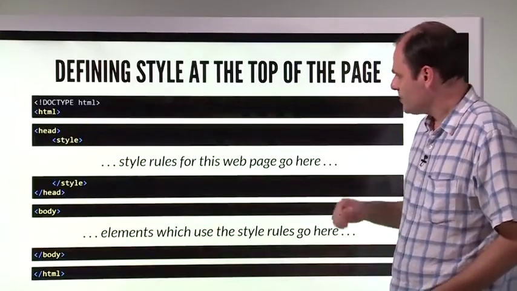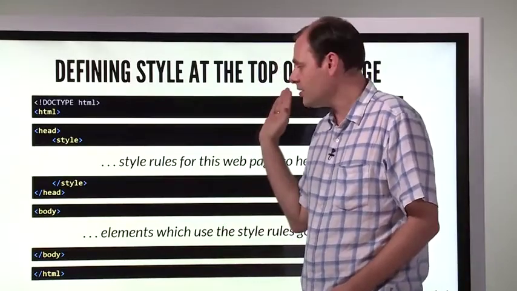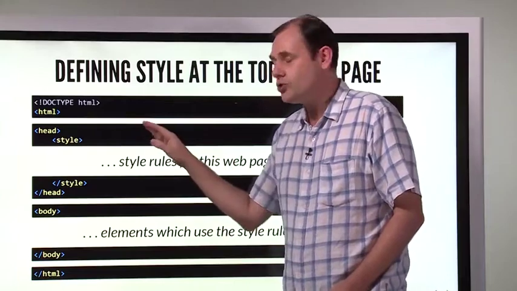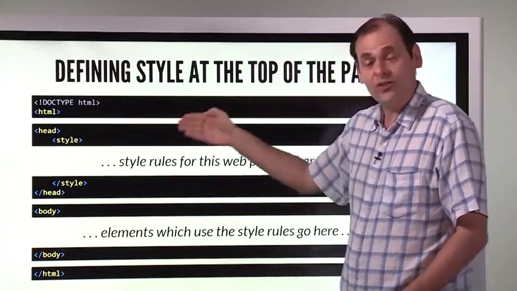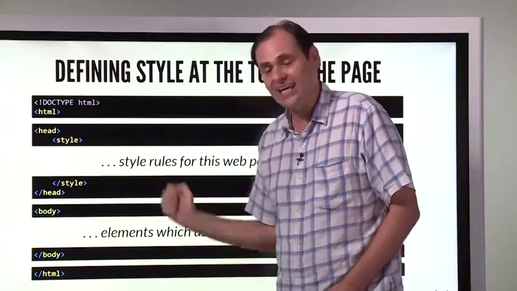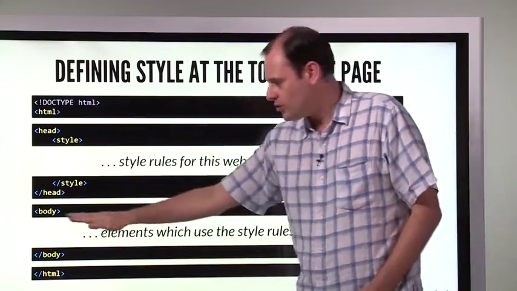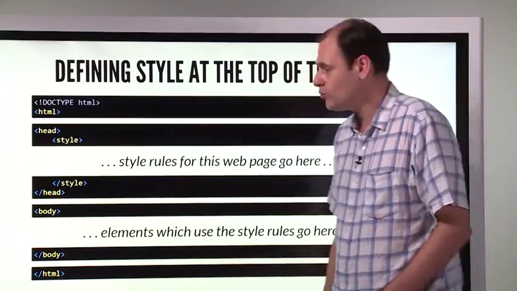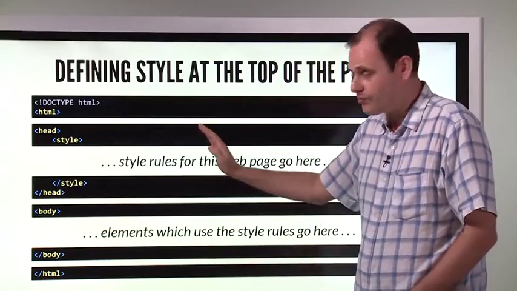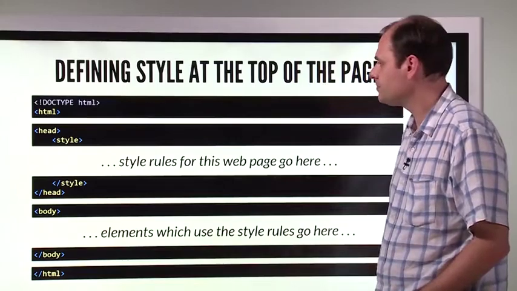Okay, so we saw before an example where we used a style file. An alternative is you don't use a style file. Instead, you write the rules right there in the web page at the top in the header part. Style rules go here, and then your HTML elements go here, and of course they will use those style rules. So this is an alternative approach. You do not have to put everything into a separate style file.